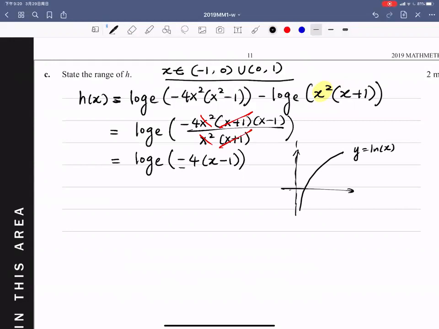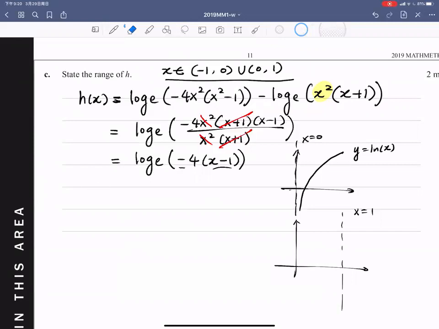So how does that look like? You should have x equals -1 as your vertical asymptote, okay? And it's reflected around.